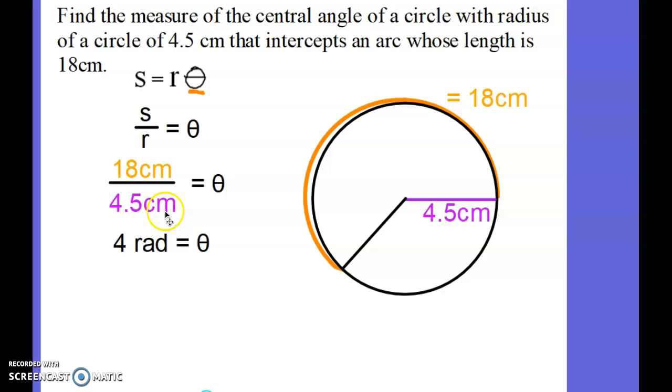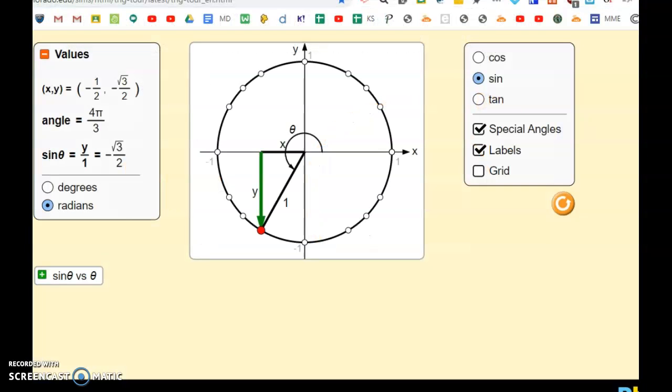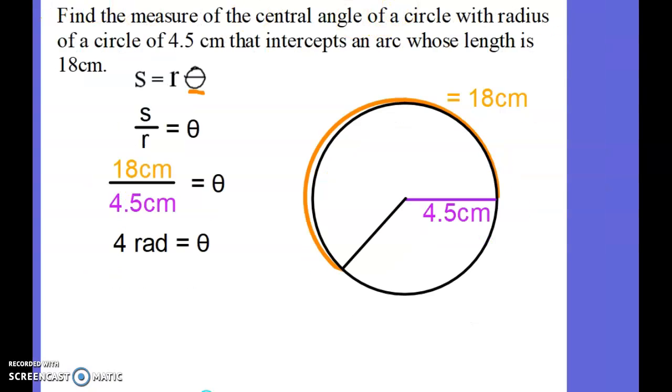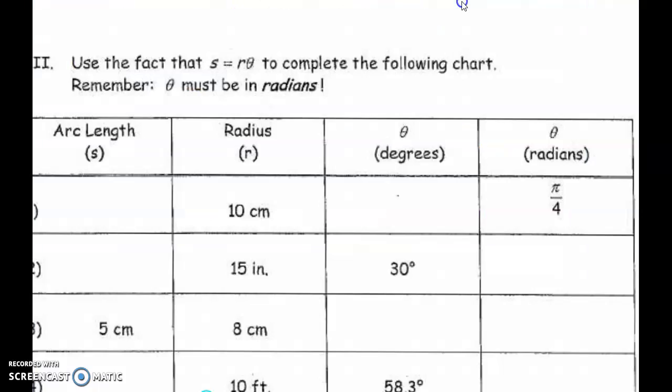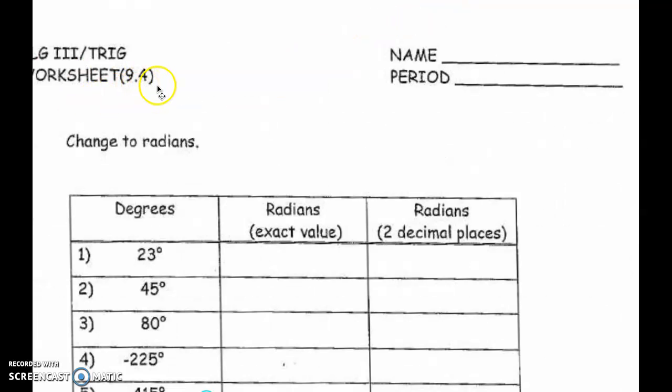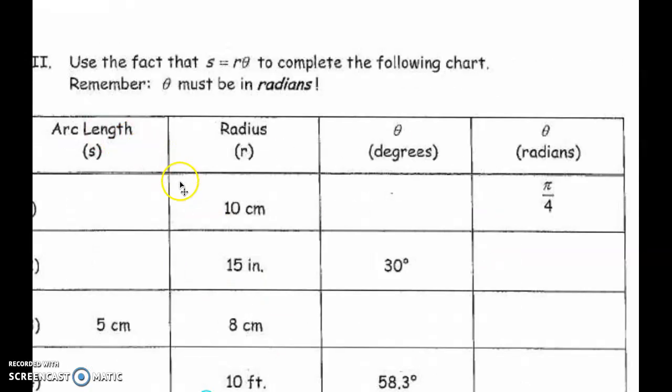Let me see if there's anything else in our notes. That looks like the last question. I will give you a Google quiz. You are going to be doing 9.4, just this page, page 21, and also page 22.